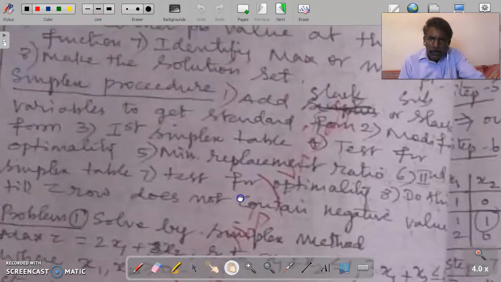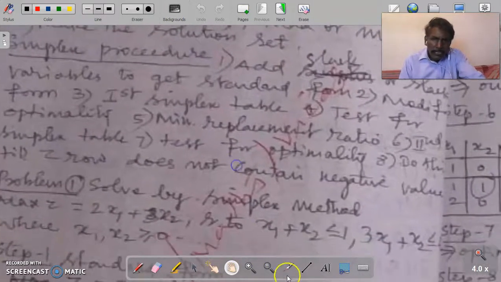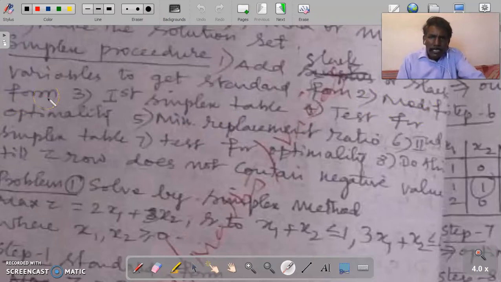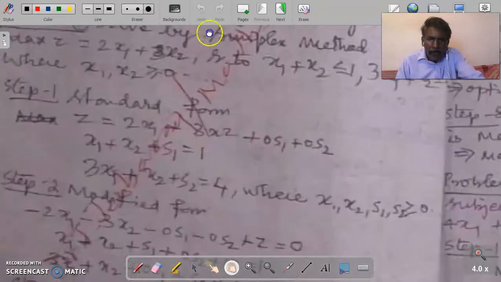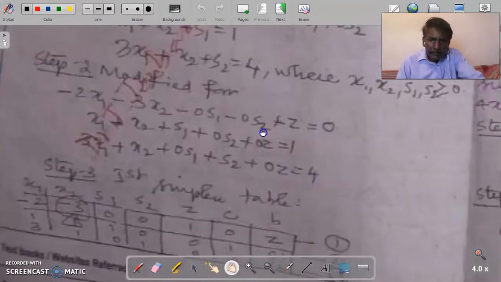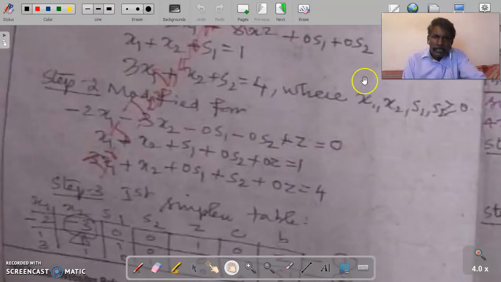Okay, now let's come to the second step. Now we have to write the modified form for the constraints as well as the objective function. Modified form, that is the second step. Look at this, how we are making a modified form here. What is a modified form?